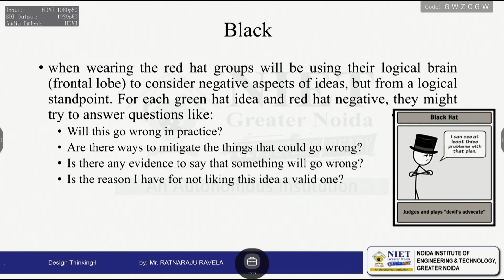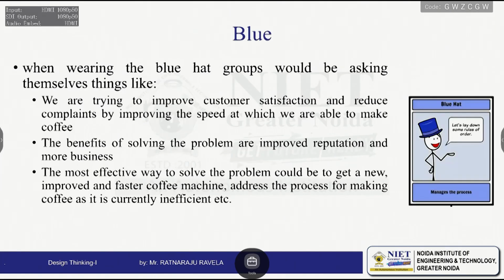They always see what consequences we will face by implementing this idea. So will this go wrong in practice? Are there ways to mitigate the things that could go wrong? Is there any evidence to say that something will go wrong? So these are some of the things we will be focusing on while implementing that particular idea in this example.